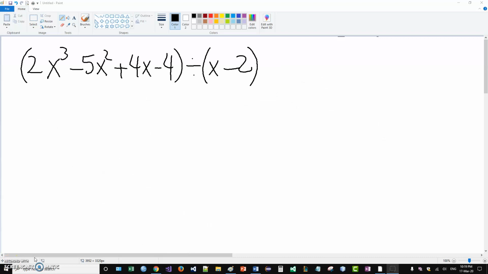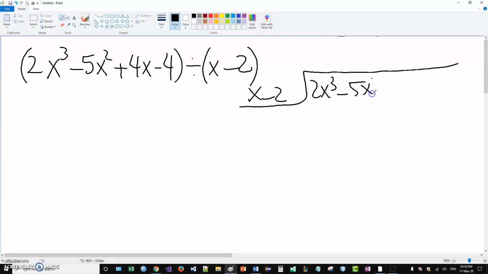All right, one more example. 2x cubed minus 5x squared plus 4x minus 4 divided by x minus 2. So always start with the first term divided by the first term right here. 2x cubed divided by x is 2x squared.